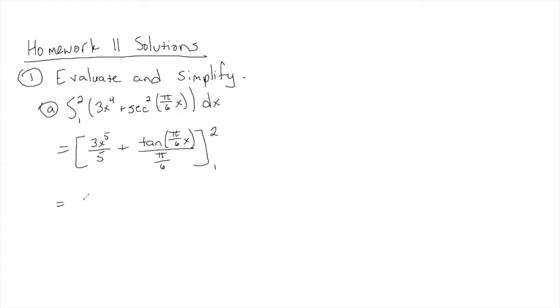So 3 times 2 to the fifth is 3 times 32 over 5 plus tangent of pi over 3 over pi over 6, minus the quantity 3/5 plus tangent of pi over 6 over pi over 6.